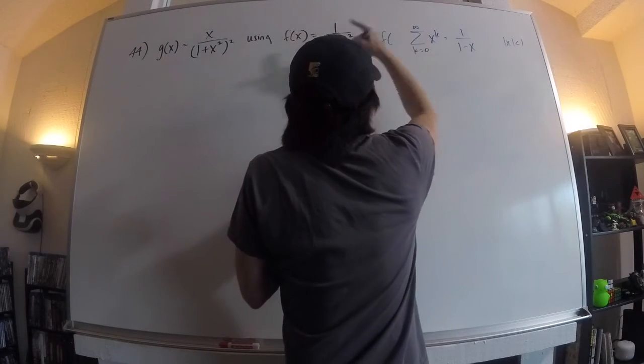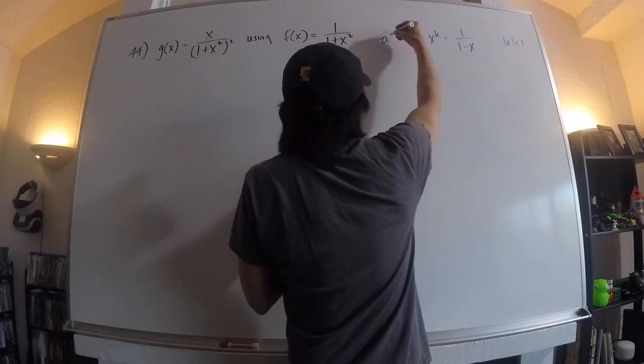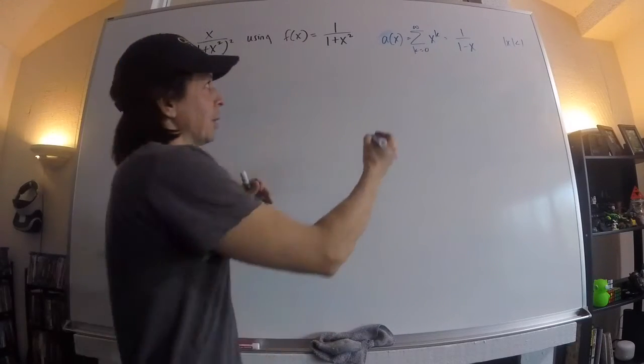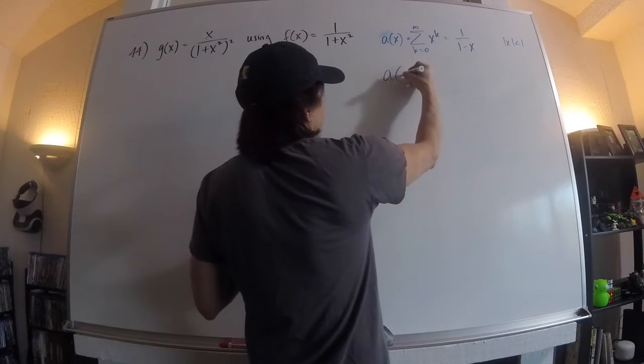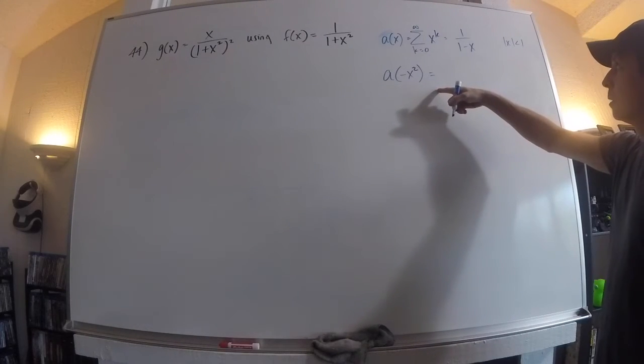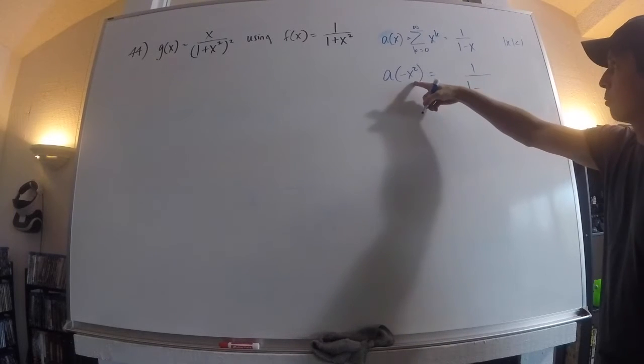This is not f of x, because I used another letter. I'm just going to call it a of x temporarily. Anyway, to get this, I would have to think of this as a of negative x squared. Using the combining, when I plug it into here, it would be 1 minus, and that's my x.